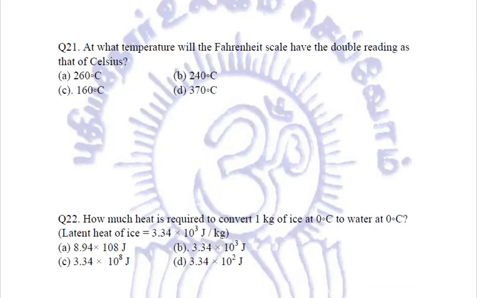Now in the next question, again a numerical, he is asking: at what temperature will the Fahrenheit scale have double the reading of the Celsius? One similar question we encountered previously, but there the temperature asked was the same.